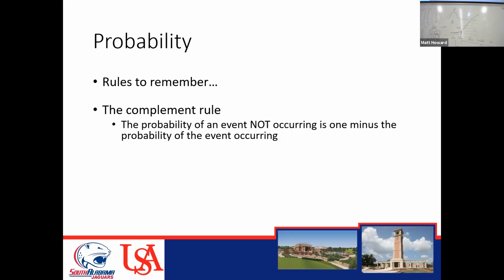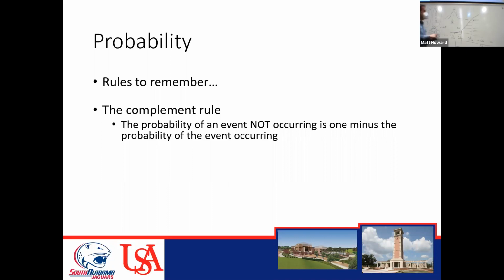The reason why that works is, as you all know, the entire range of possible probabilities we can have sums up to 1. So 1 minus the probability of the event occurring is just the opposite. Therefore, the probability of an event not occurring, which is the opposite of it occurring, is 1 minus the probability of the event occurring.